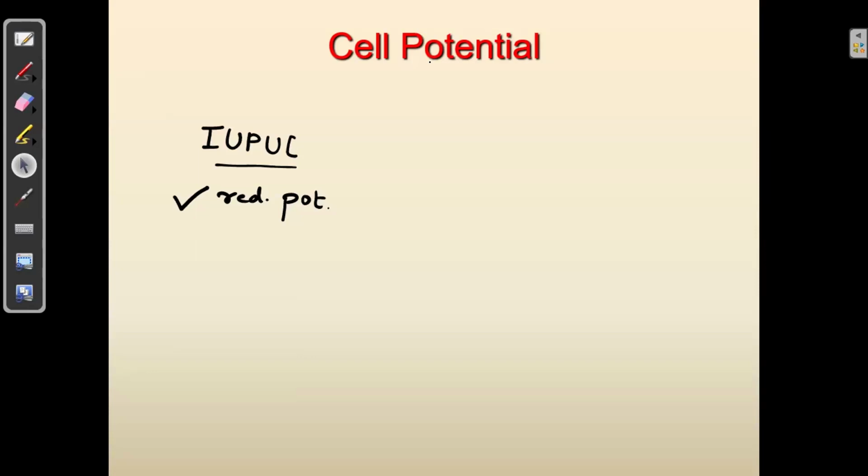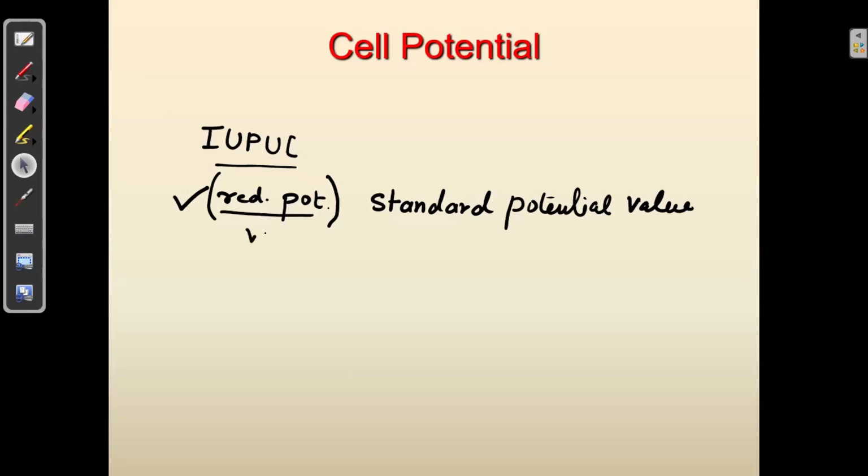So reduction potential values are now referred to as standard potential values. The standard potential values are nothing but the reduction potential values of your cation. For example, we studied that copper plus 2 ion has a higher tendency to gain electrons than zinc.